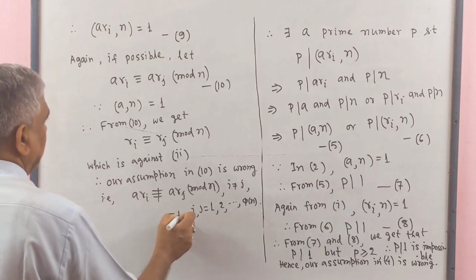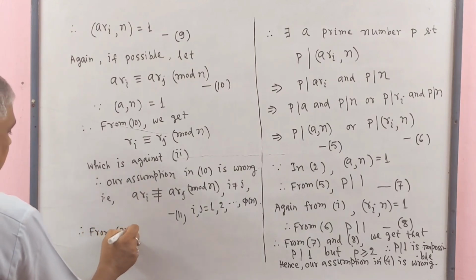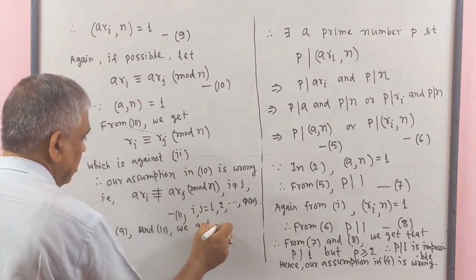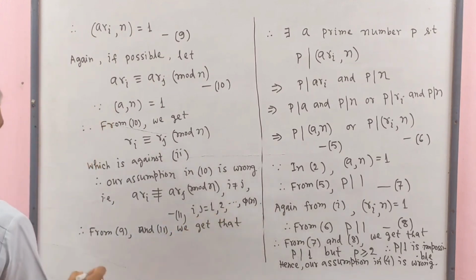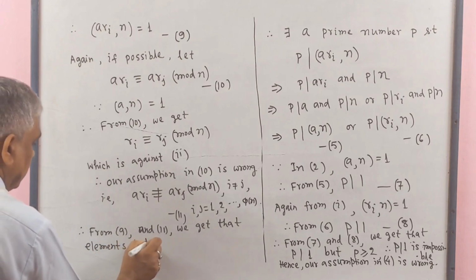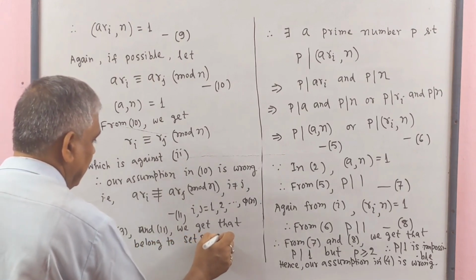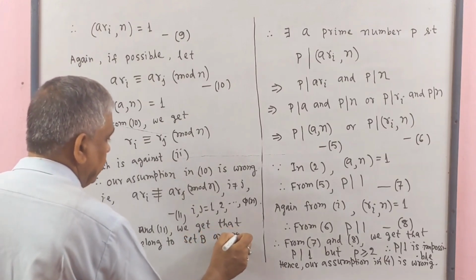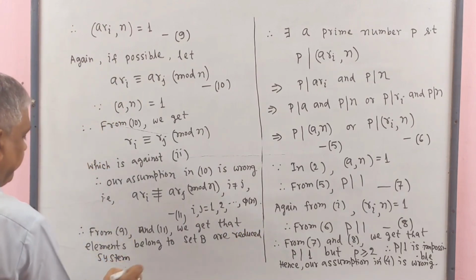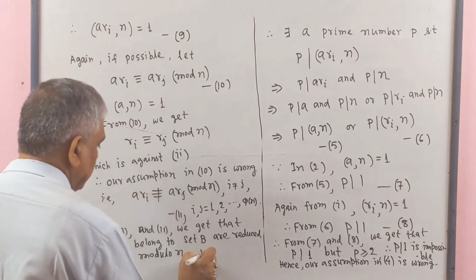This is number 11. Therefore, from 9 and 11, we get that elements belonging to set B are a reduced system modulo n. Proved.